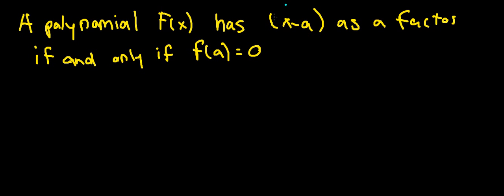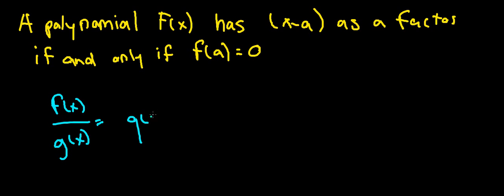What it's basically saying is that if we have some function f of x divided by some function g of x, and we get a quotient of x, if g of x divides evenly into f of x, and we don't get a remainder, then we can say that g of x is a factor of f of x.